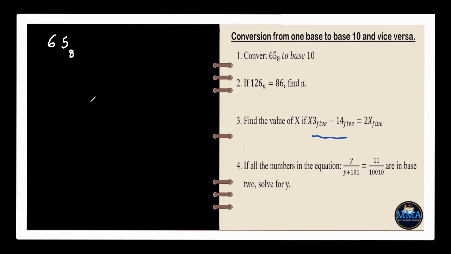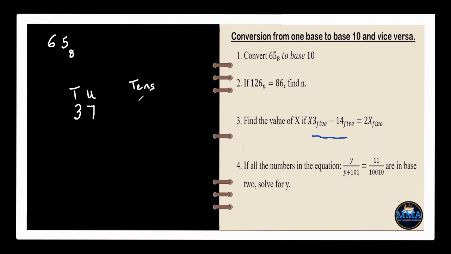Now, let's assume that we are given the number 37. If you look at this number, it is a 2-digit number. The first digit 3 occupies the tens position.